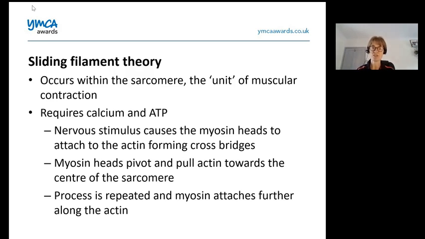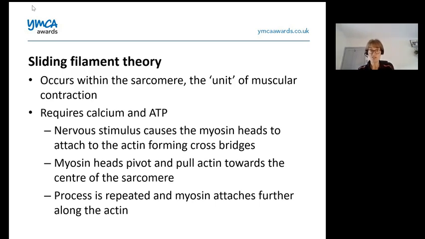Then as contraction occurs, those myosin heads, like those golf club heads, attach into that twisted string of pearls and ratchet it along. So the myosin heads pivot and pull the actin towards the center of the sarcomere, and the process is repeated time and time again, with the myosin attaching further along the actin each time.